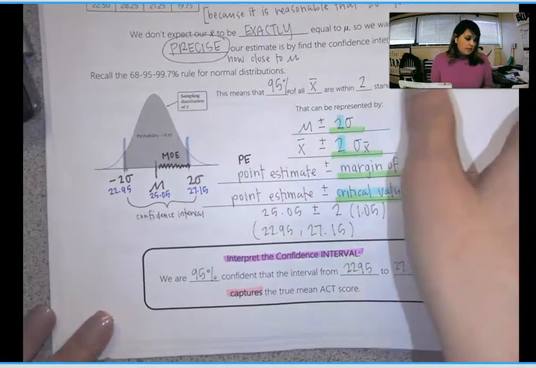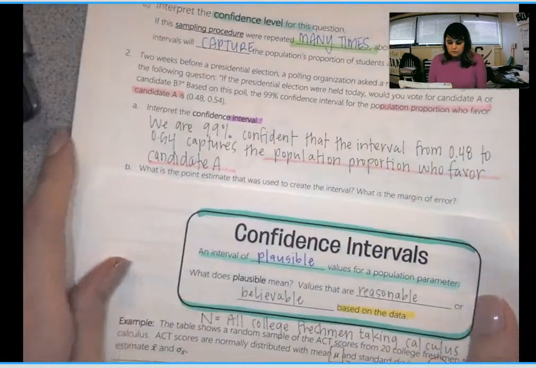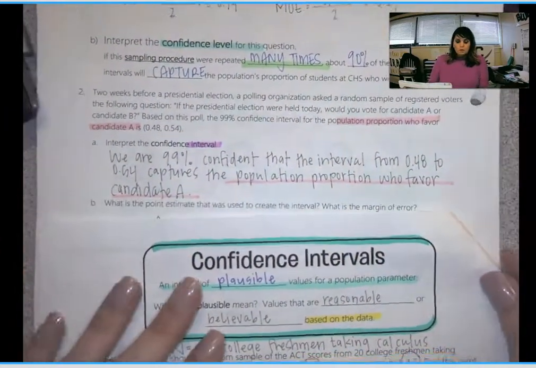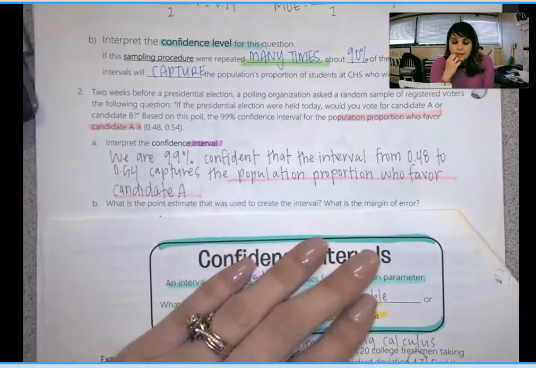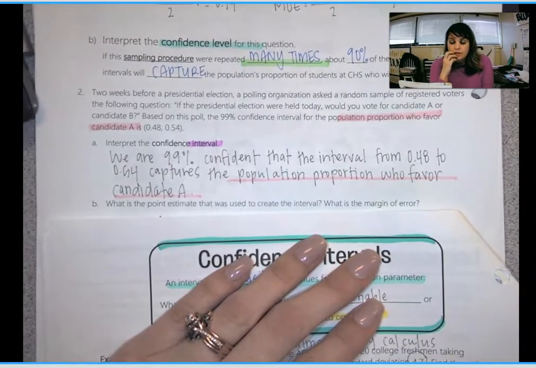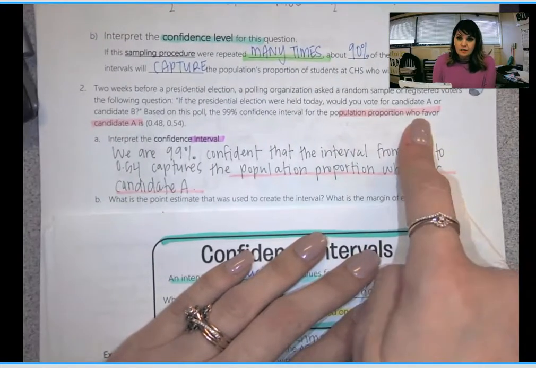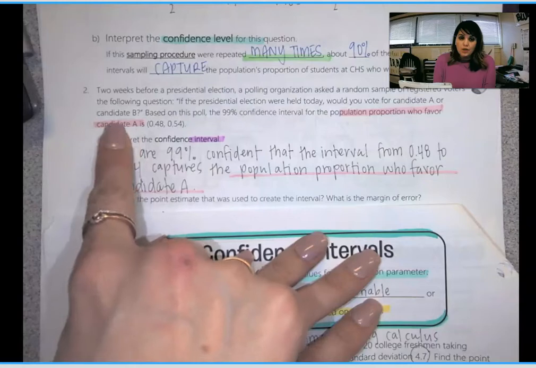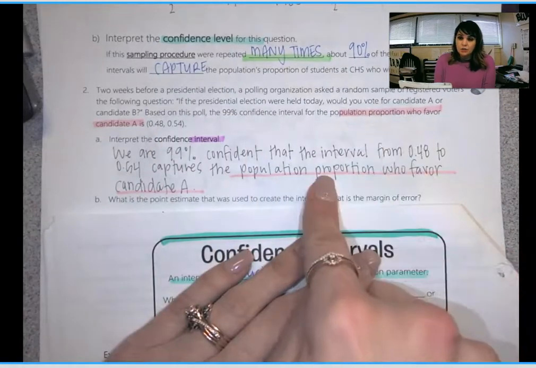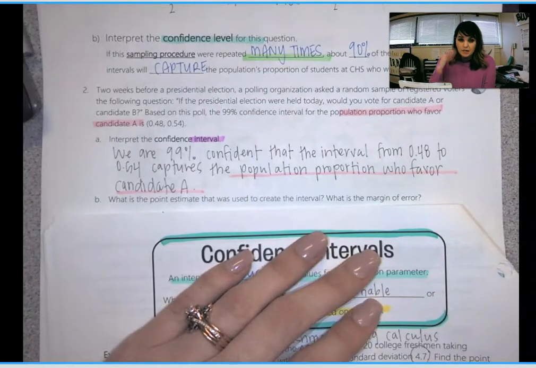Okay, hopefully you really did it, because now I'm going to show you mine. We are 99% confident that the interval from 0.48 to 0.54 captures the population proportion who favor candidate A. And notice here, I highlighted the exact wording that I should use in my interpretation.